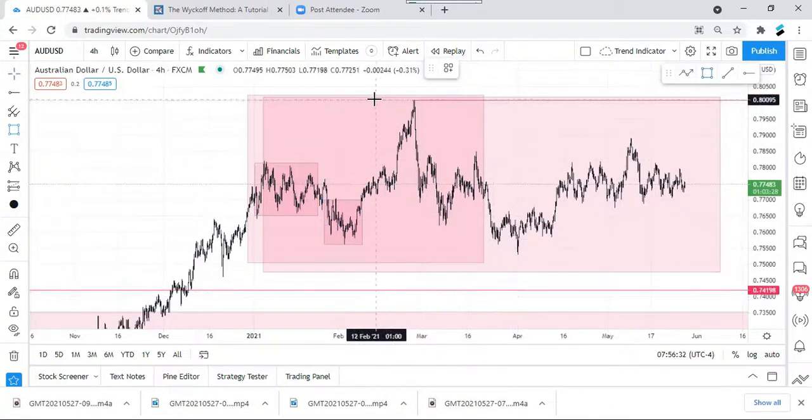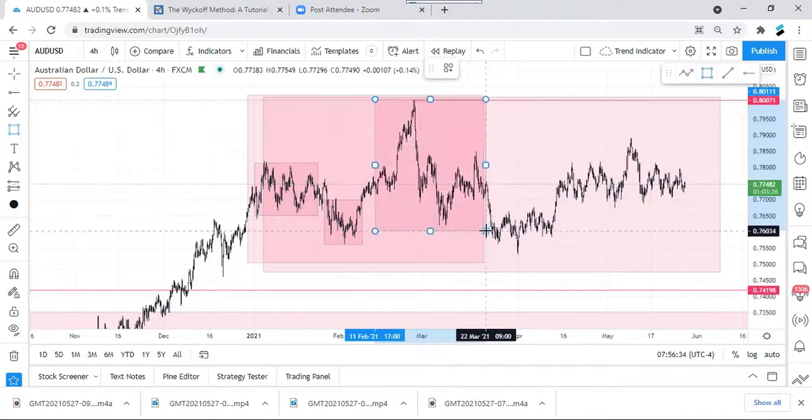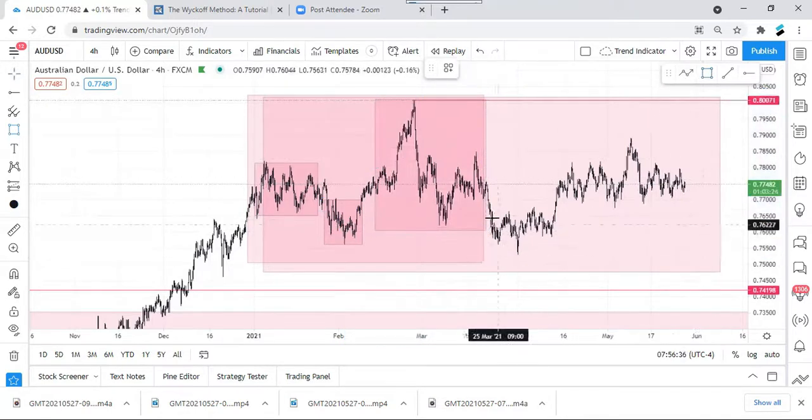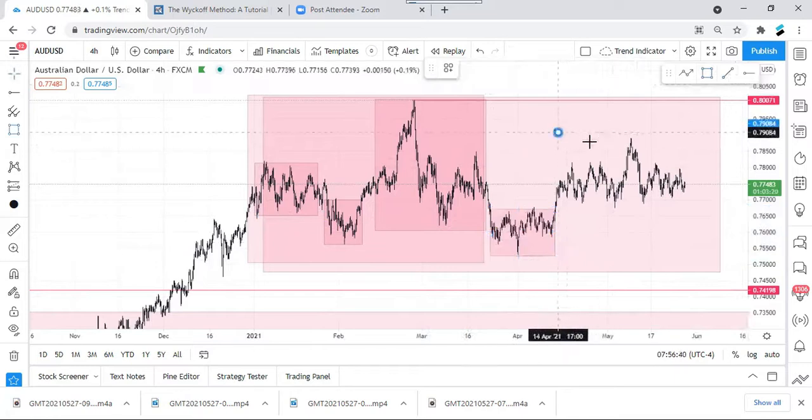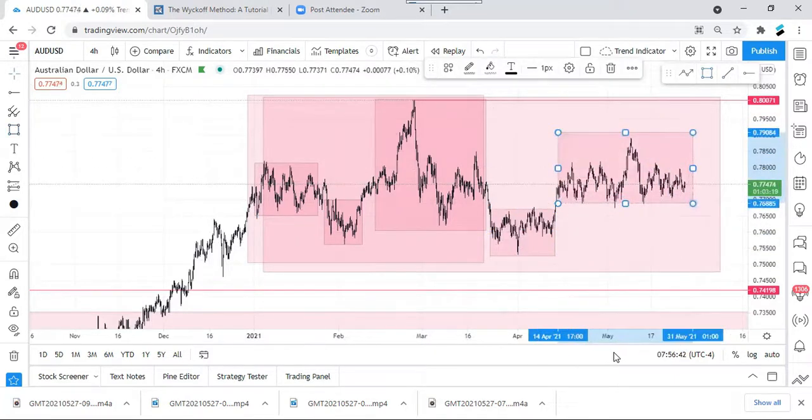The whole entire thing is a distribution followed by accumulation followed by distribution. So you must be able to train your eyes to spot this kind of pattern.